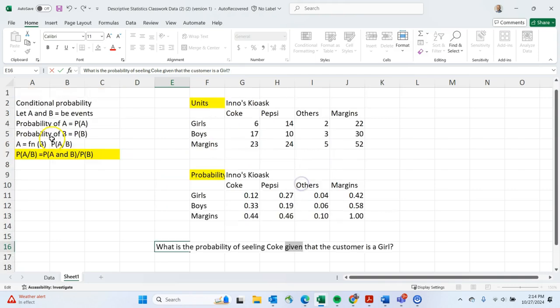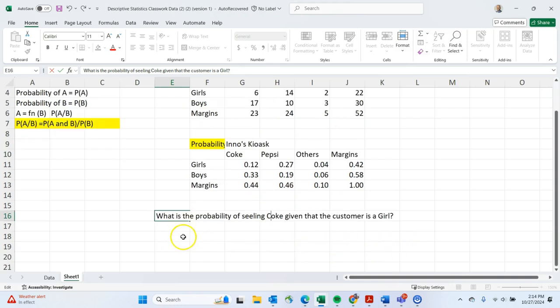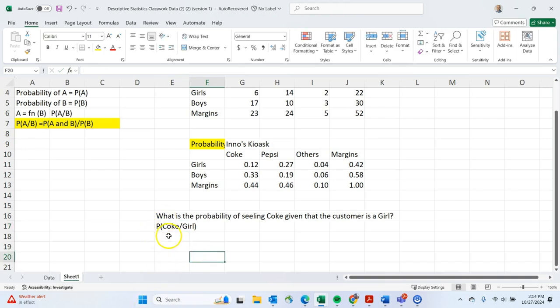So we have the probability of A given B occurs. Here we can see the condition is to sell Coke given that the customer is a girl. In terms of probability, we'll say it is the probability of Coke given that the customer is a girl. If you are asked this question, what will be your answer?